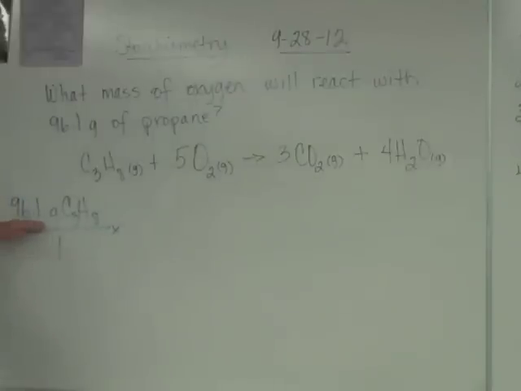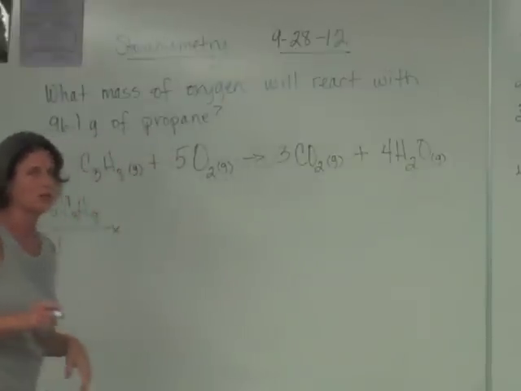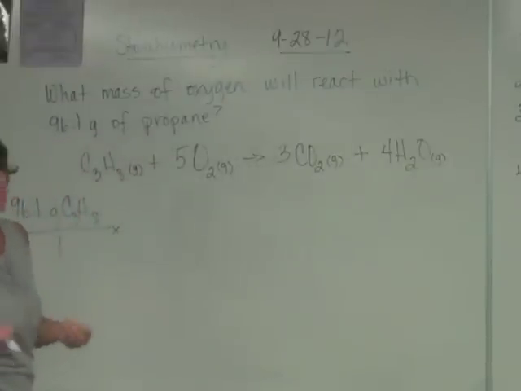So grams is a useful measurement for us to quantify something, but in terms of ratios here, it doesn't help us at all. We need to go to numbers of pieces of things. So we need to convert grams of propane to moles, and we know that conversion factor. That conversion factor is molar mass.